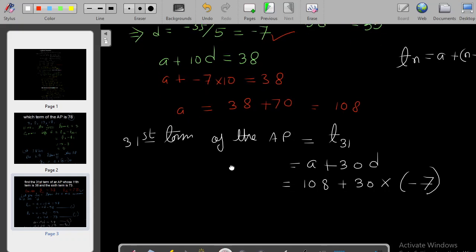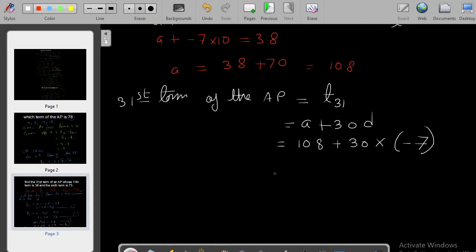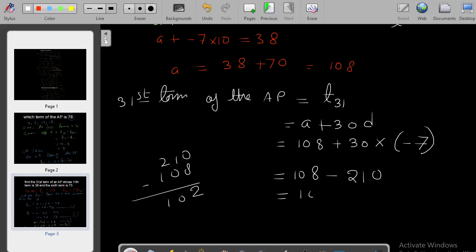Now this reduces to 108 minus 210. So 210 minus 108, we subtract, and it's 102. The answer is 102. This is our answer, the 31st term of the given AP.